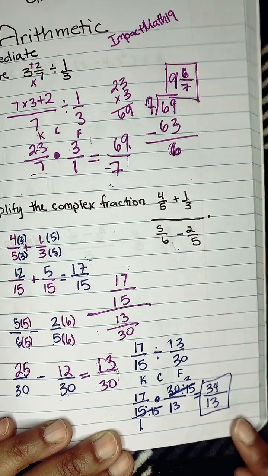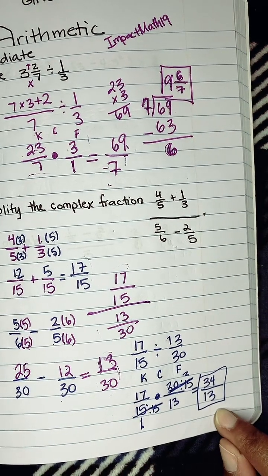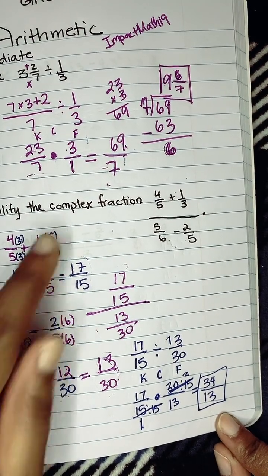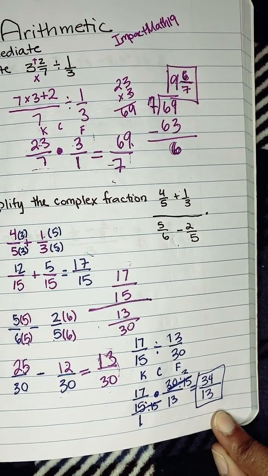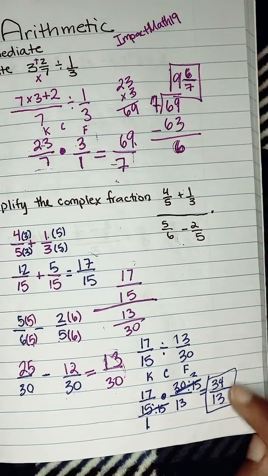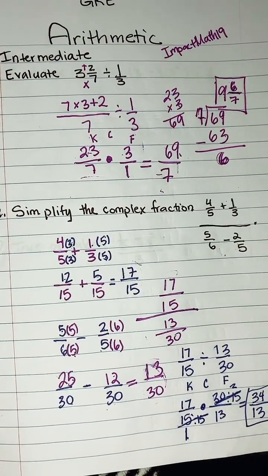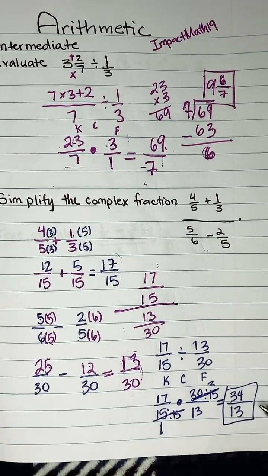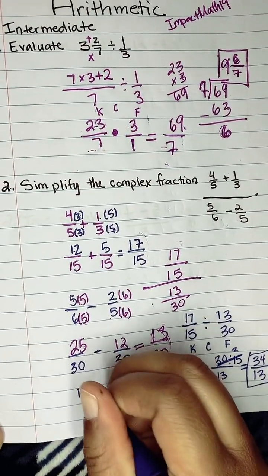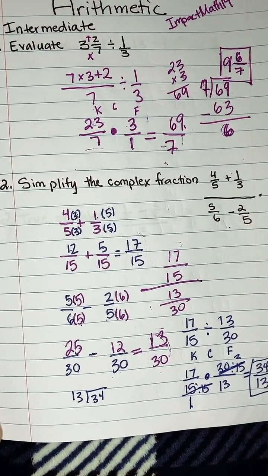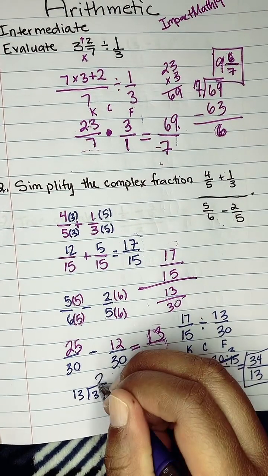Now remember, this is my improper fraction, right? So we want to really change it. Well, I mean, it does say complex fraction. I think this should be fine, but we can always just change it to a mixed number. 13 into 34. How many 13s can we fit? I think 2.